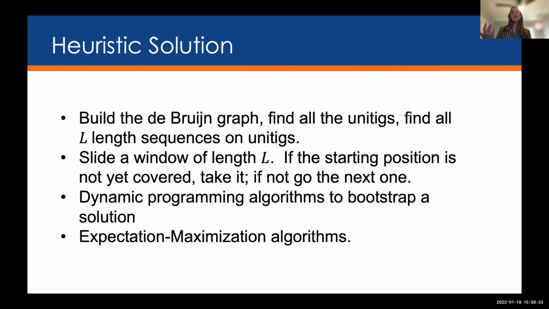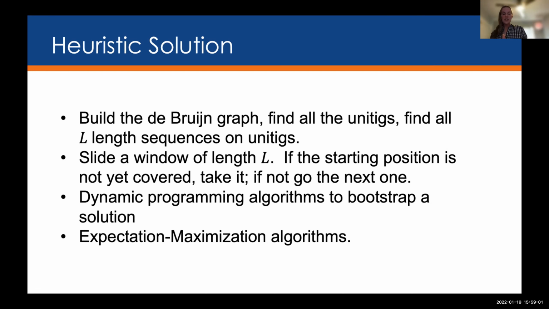We asked ourselves, what is the simplest possible solution? The simplest possible solution is just to slide a window of length L across every single one of the input strings and ask, if the starting position is not yet covered, then we take it to be within our bait set. If not, we go on to the next one.